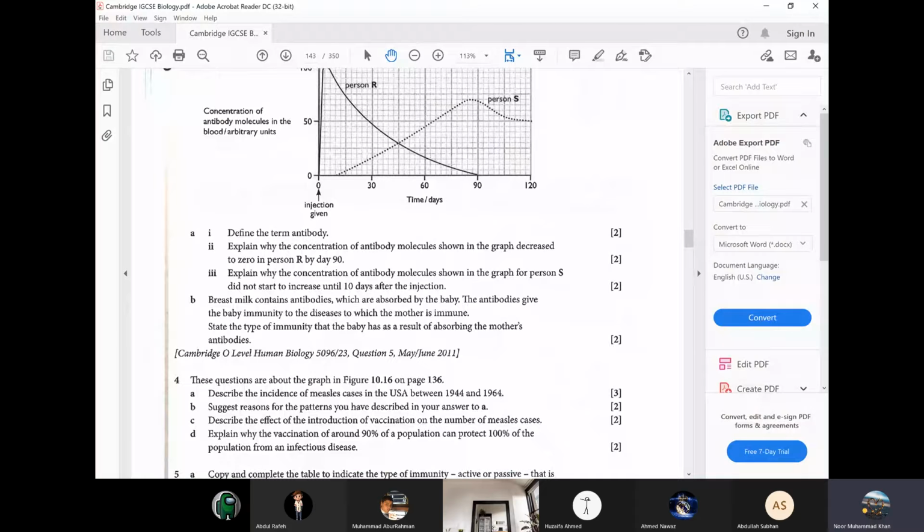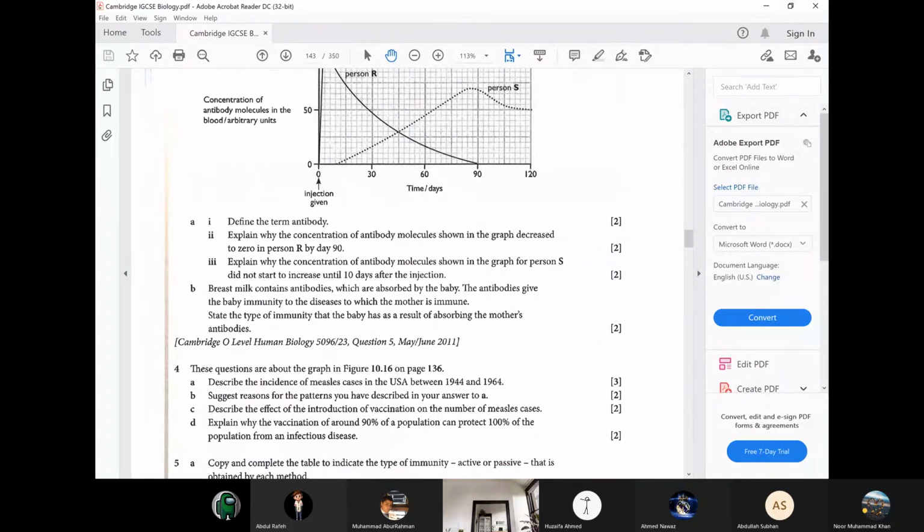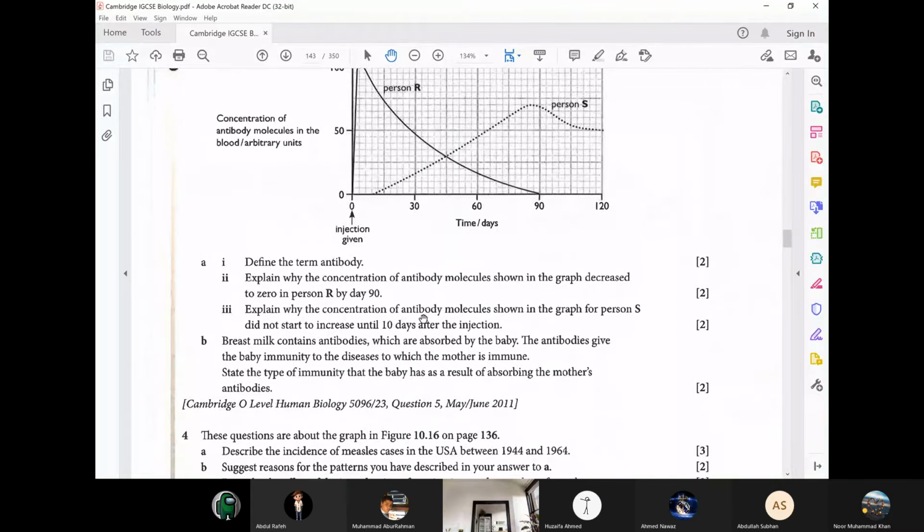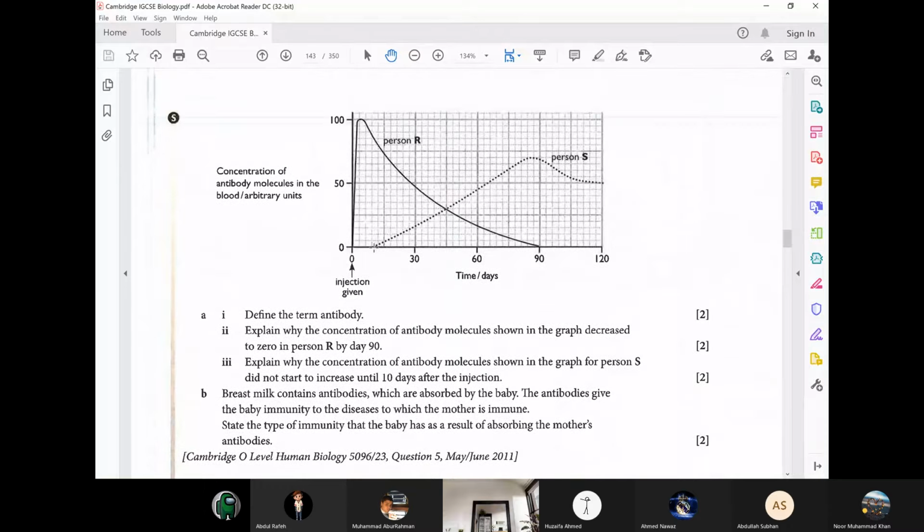Now explain why the concentration of antibody molecules shown in the graph for the person S did not start to increase until 10 days after the injection. Now look here, after the 10th day, the antibodies have started to increase, right?